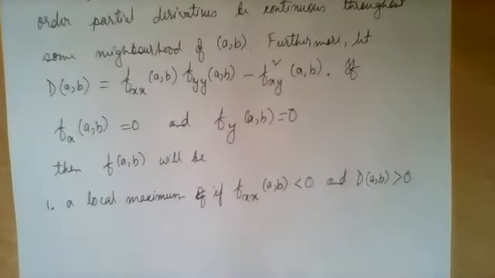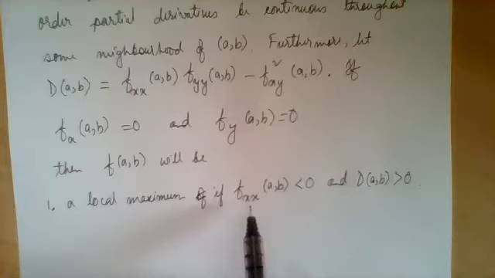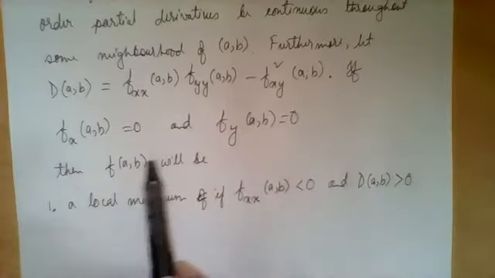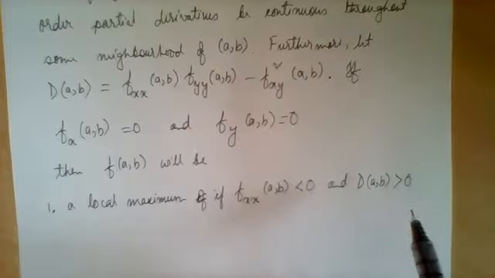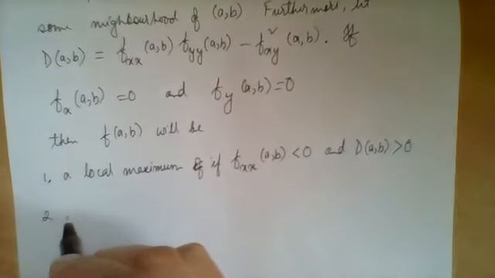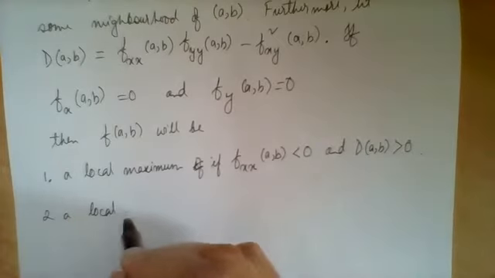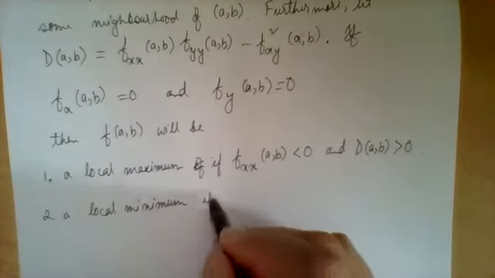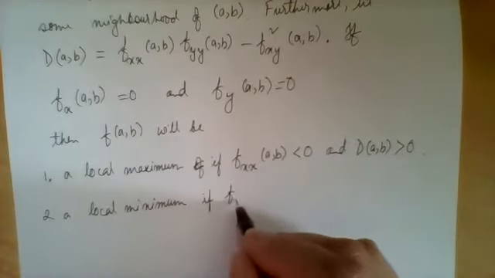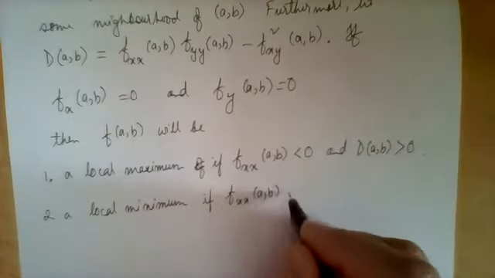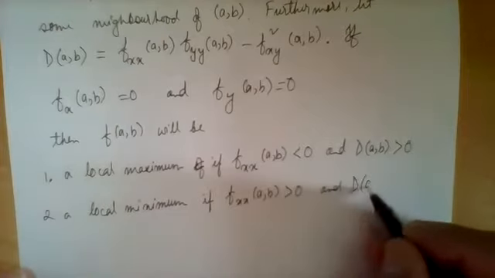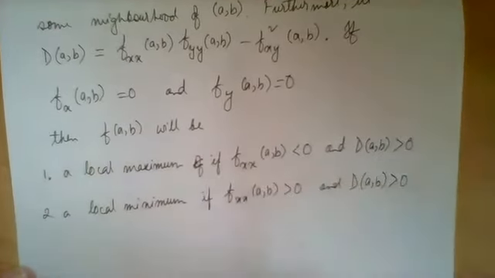That is, the second partial derivative with respect to x is less than 0 and this quantity D is greater than 0 at the point (a, b). So that is a local maximum. Number 2, a local minimum if fxx(a, b) is greater than 0 and D(a, b) is greater than 0.